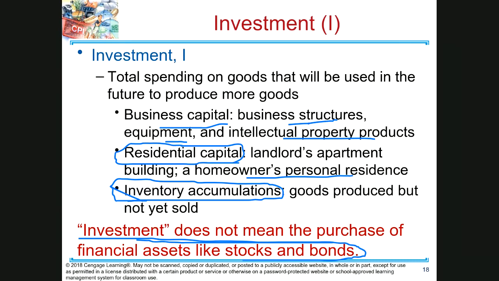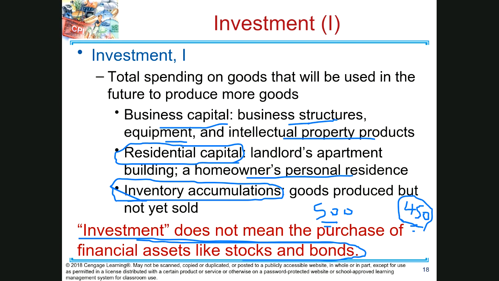Let's talk about inventory accumulation with an example. Let's say GM made 500 cars last year, and sold 450. How do we treat this to calculate our GDP? The 450 cars bought and sold, say $500 million, is a transaction captured.